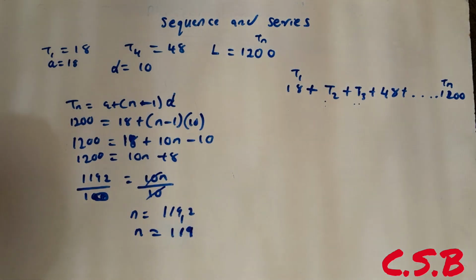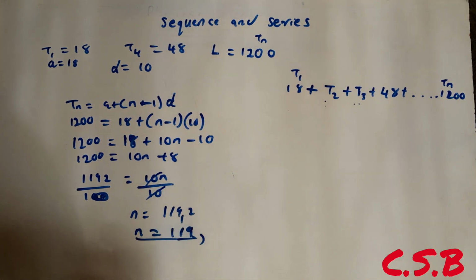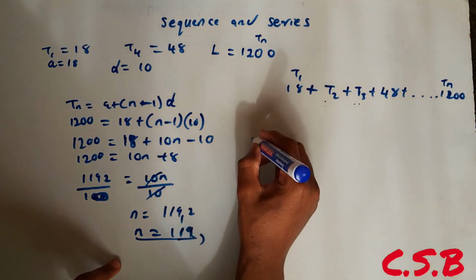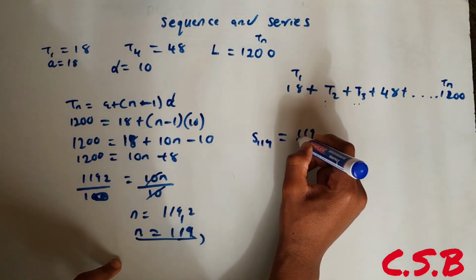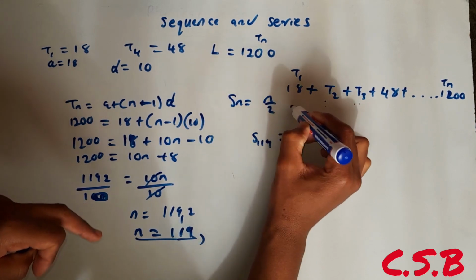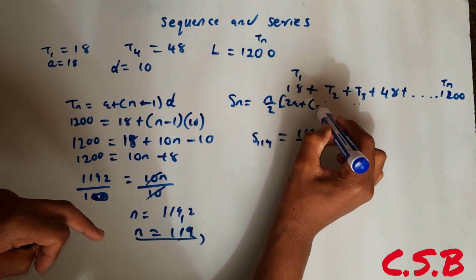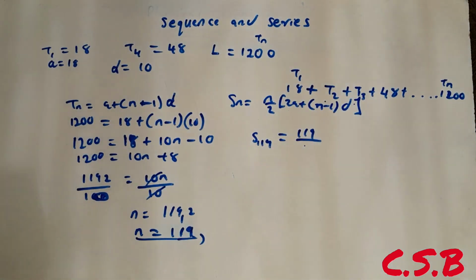Now the next question would ask, sorry for that, calculate the sum of the 119 terms. So you will be calculating it as 119 over 2. I'm taking this formula, remember this formula: n over 2 times 2a plus n minus 1 times the difference. This is the exact formula that I'm using here.